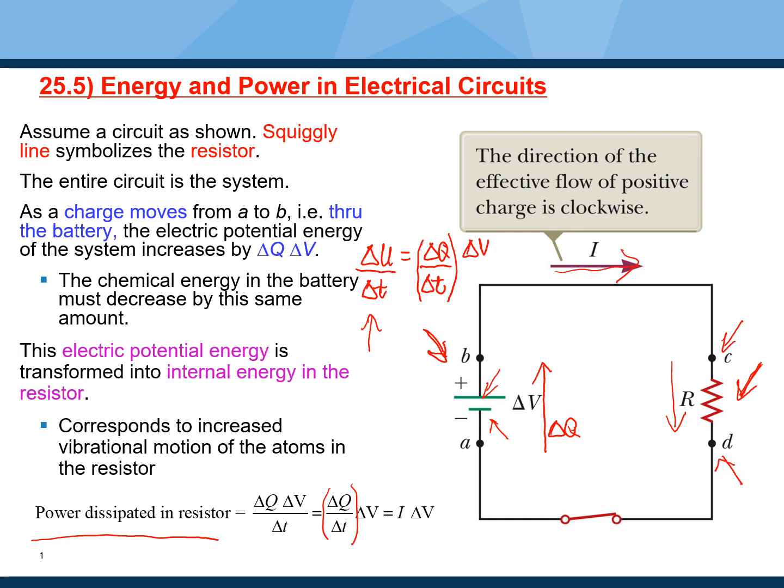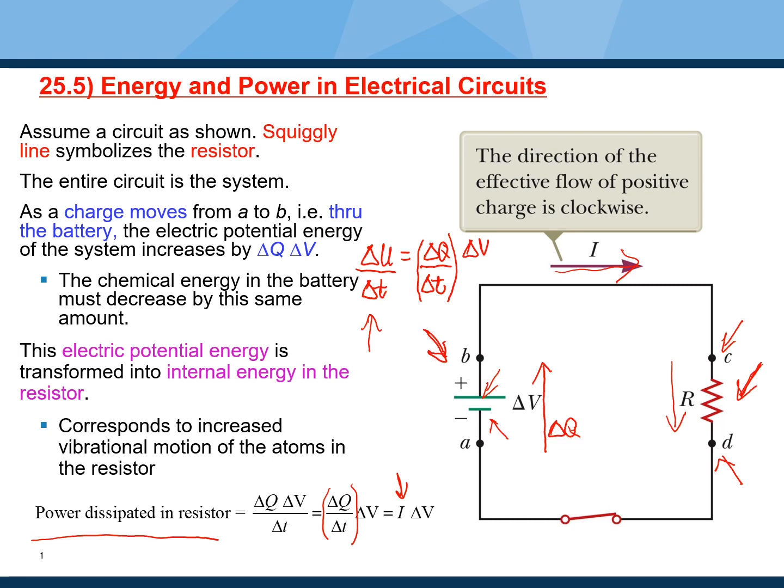So this is a very idealized, very simple circuit. We will make it a little more complicated as we go along. And delta Q divided by delta t is just the current, and that gives us an expression for the amount of power dissipated in a resistor.